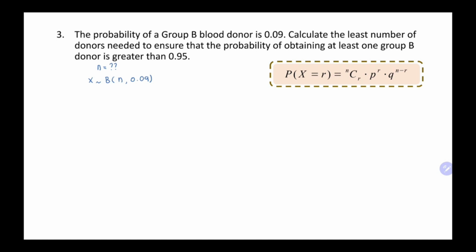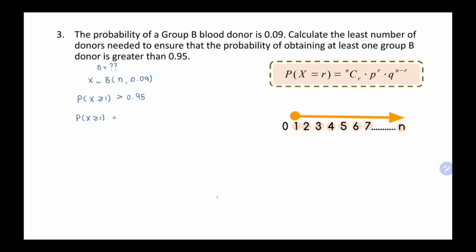Question given information, at least one group B donor is greater than 0.95. At least one, so means P(X) greater than or equals to 1 is greater than 0.95. So we use this information to find value for N. P(X) greater than or equals to 1, we start from 1 until N, but we do not know the value of N. So we use the other way.